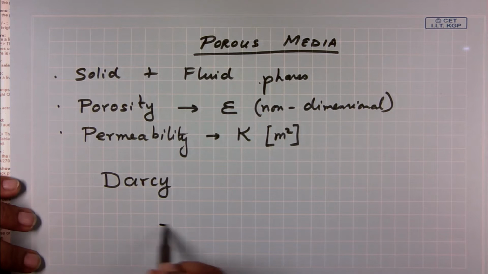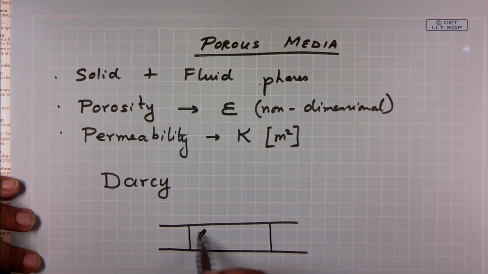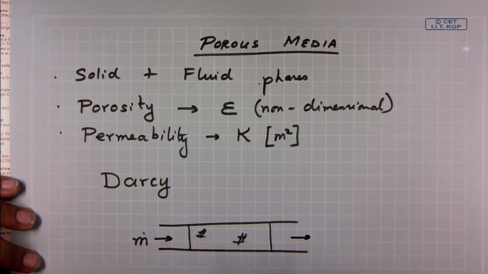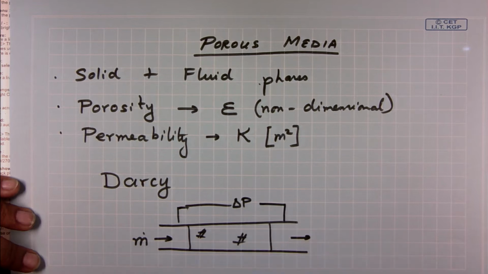Okay. So, let us say this was his tube and this is filled with porous medium. He was having some fluid flowing in and flowing out, and he was measuring pressure drop at different velocities or flow rates.